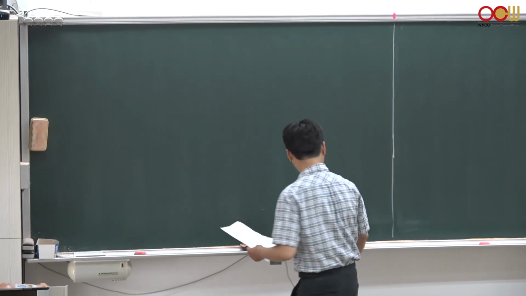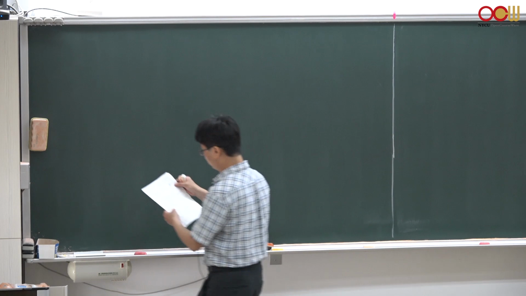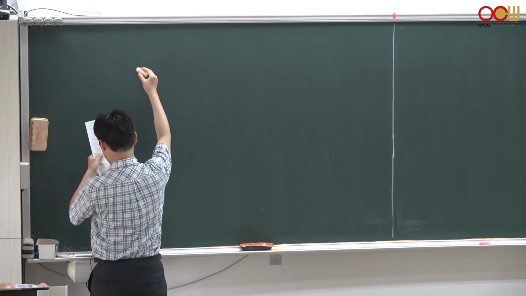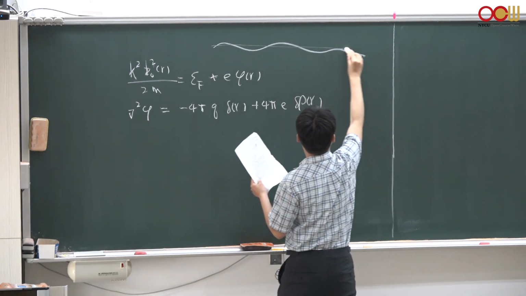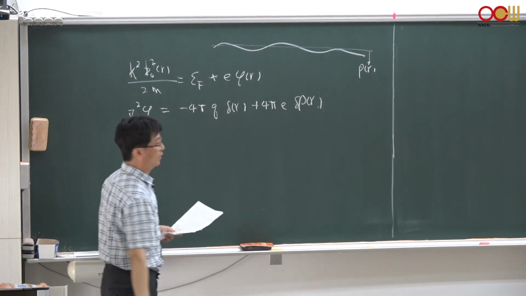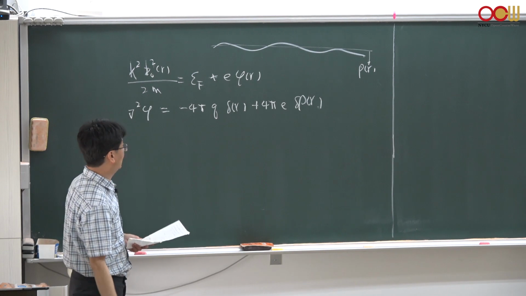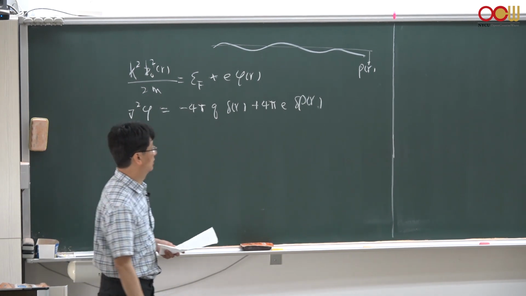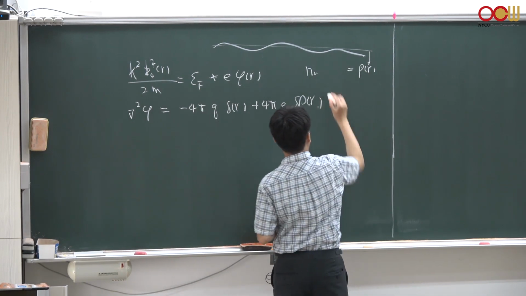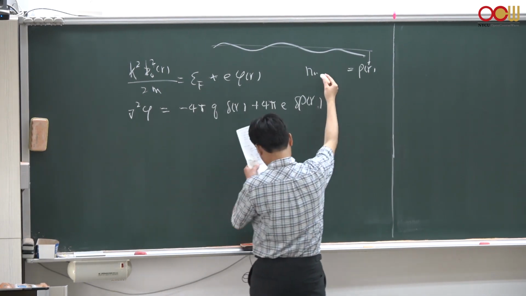So let's try to solve these combined equations from quantum mechanics and the Poisson equation. We know that the charge distribution of this plasma, or electron soup, can be considered as just a background uniform charge density plus some variations.